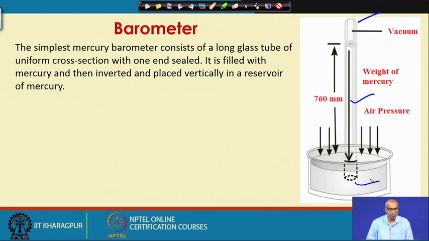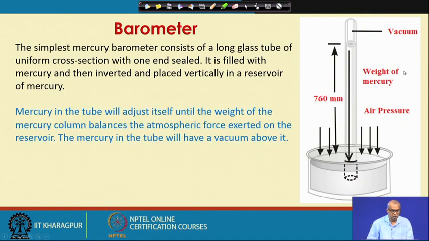This tube is filled with mercury and then inverted and placed vertically in a reservoir of mercury. So, this is the reservoir of mercury. Mercury in the tube will adjust itself until the weight of the mercury column balances the atmospheric force exerted on the reservoir. The mercury in the tube will have a vacuum above it.